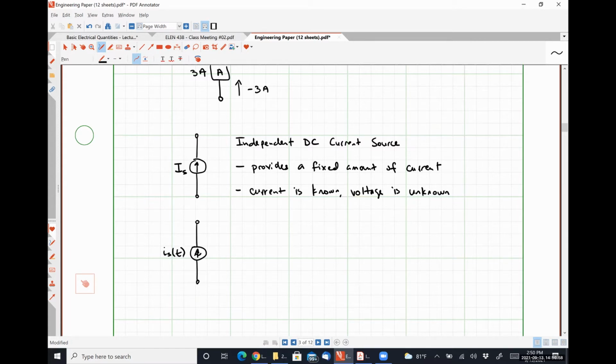And so I would argue that its magnitude, IS, should also change with time. Which is why I'm saying IS is a function of t. So this guy is an independent AC current source.